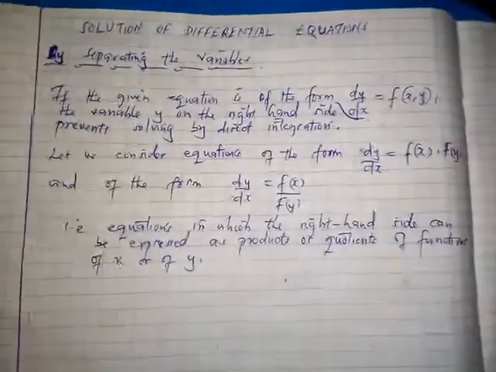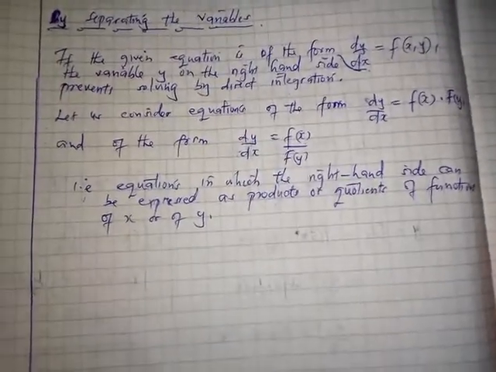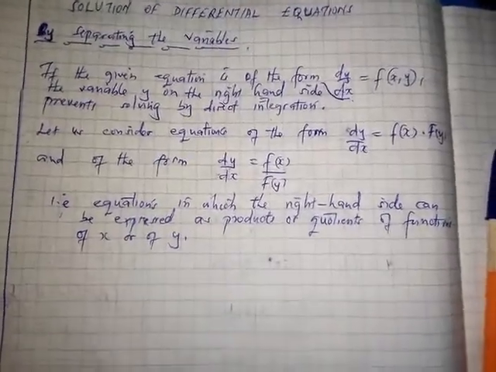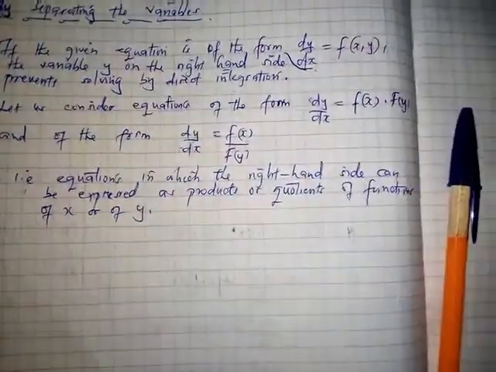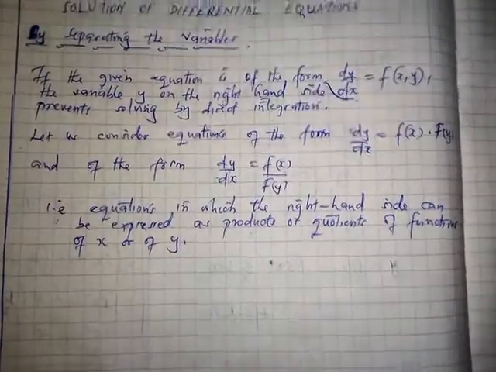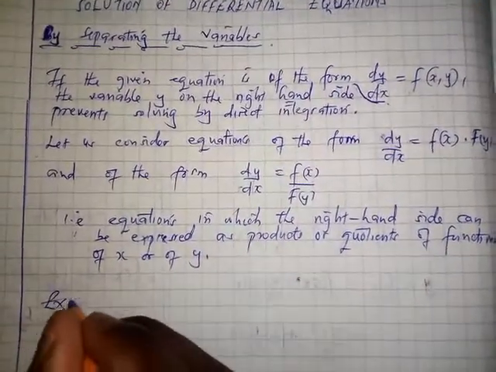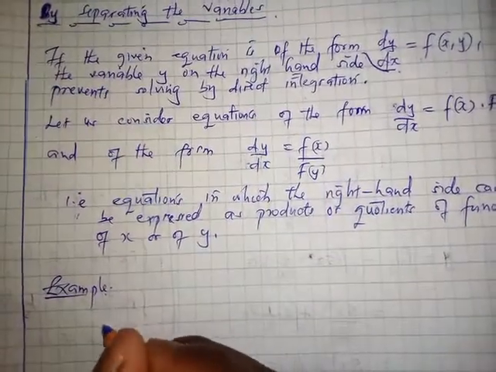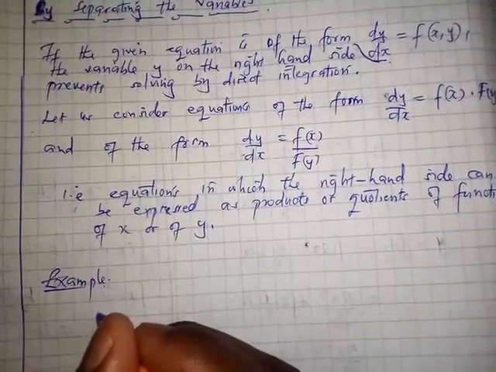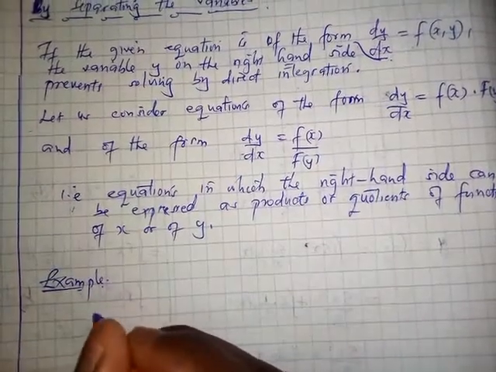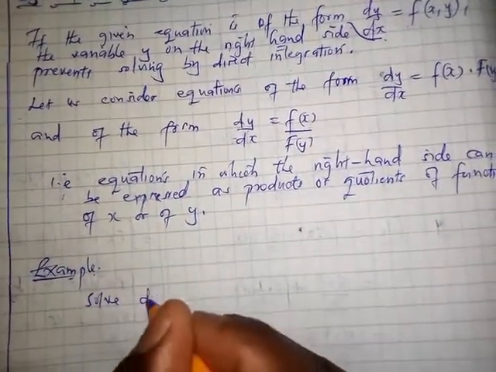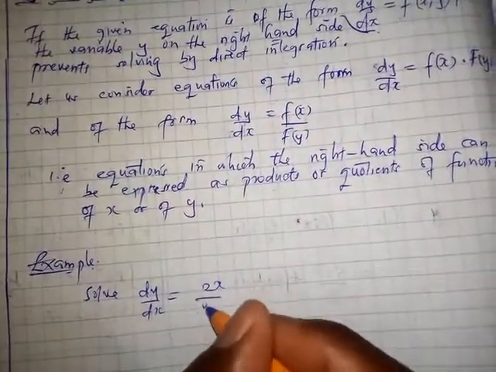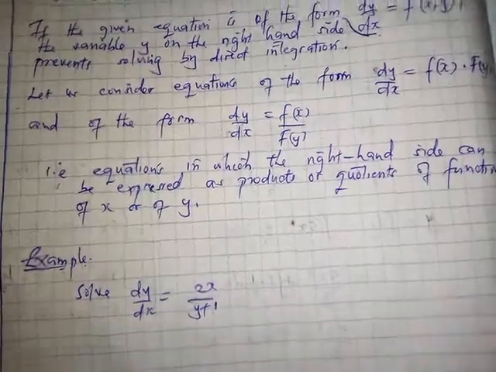So we can work out one example here so that you can see what I'm trying to talk about. Example: we are asked to find or solve dy/dx = 2x over (y + 1).